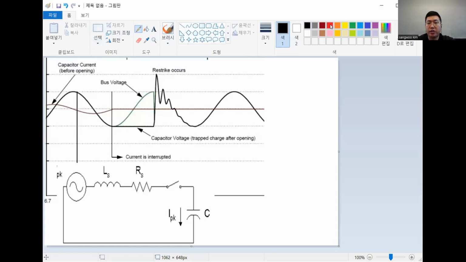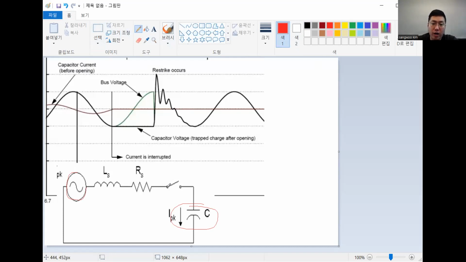Here, guys, first of all, our power system is from the AC source, and there's an RLC circuit, right? Today, what we learn is what happens when you open the capacitor bank after fully charging it.